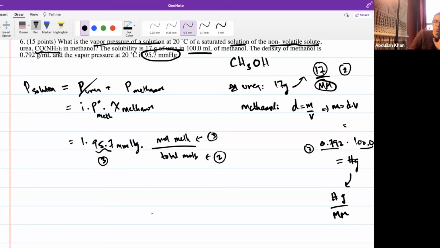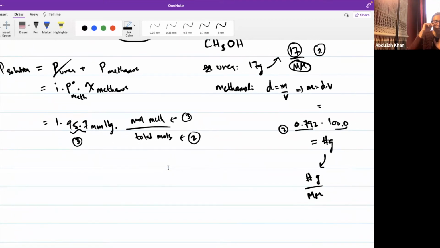Or actually, I don't know, because when you calculate total moles, you're adding 2 things. And the rules for addition are different. You're minimizing the number of decimal places. I have a feeling if you do that, you'll still end up with 3 sig figs.